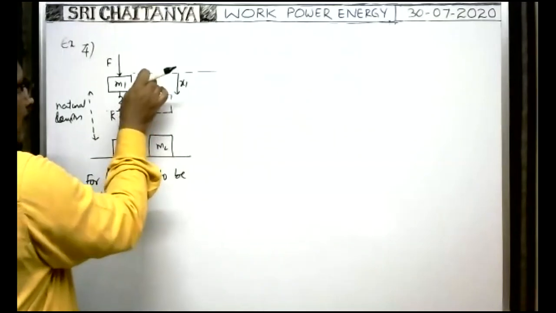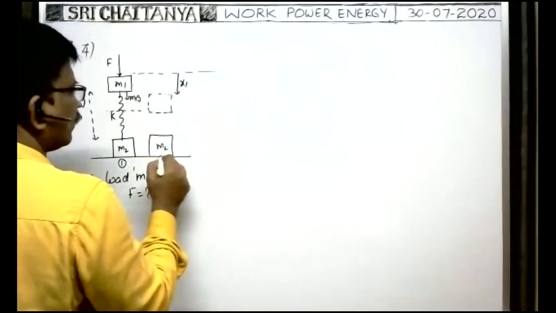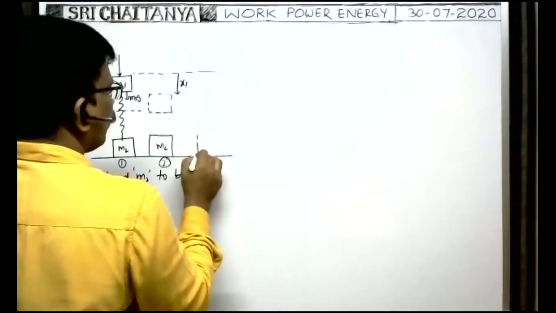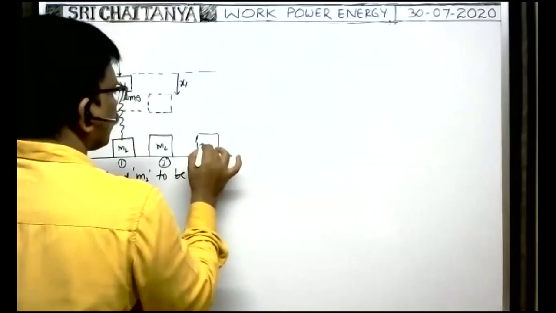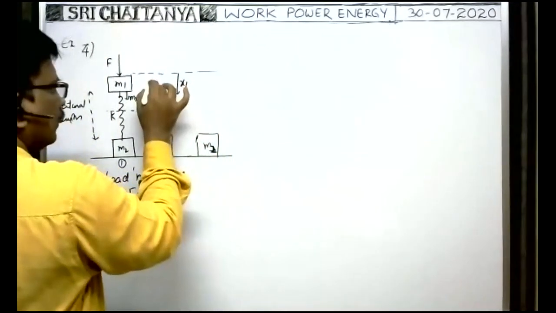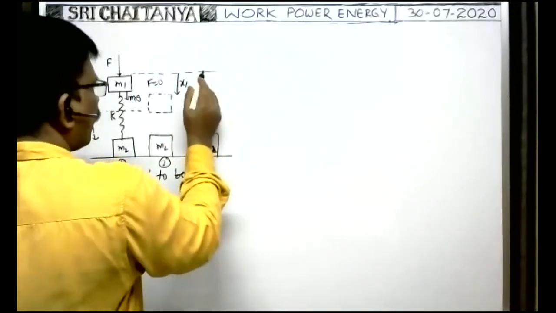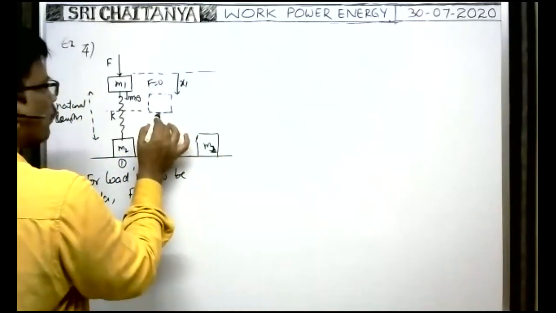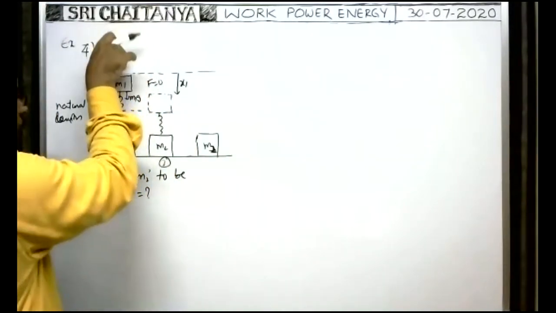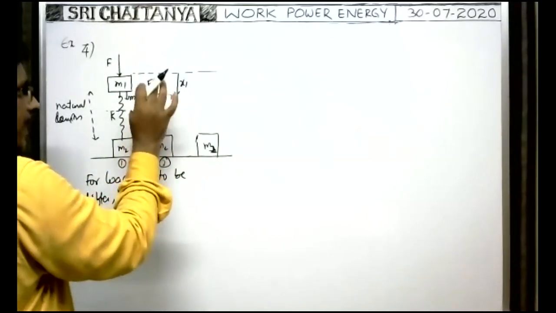In the third case, when the applied force is removed, when F becomes 0, immediately the block rises, because whenever the block is displaced downwards by the applied force through distance x1, the spring is compressed by x1.